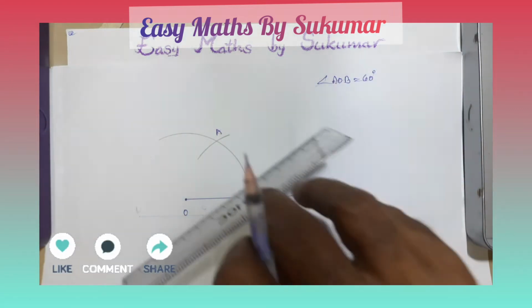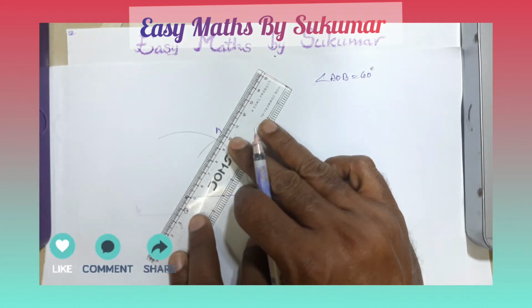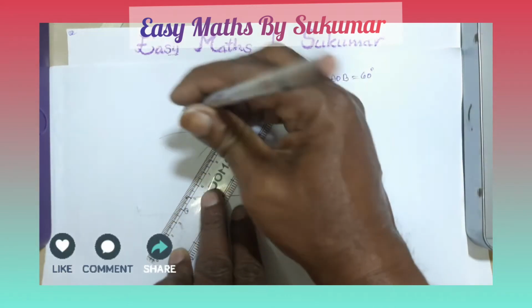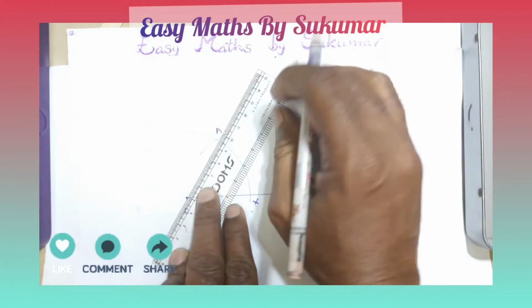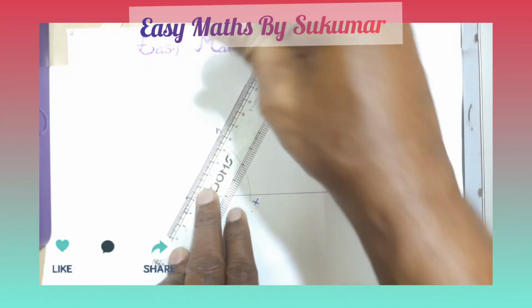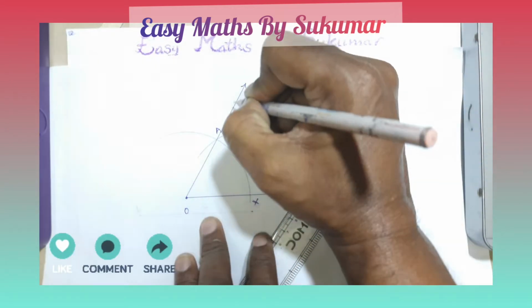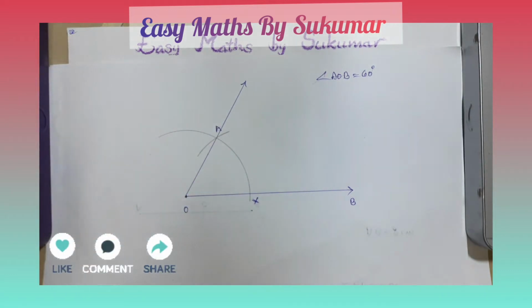Right. Now what we have to do here, just join this OA. O is the vertex. This A is the intersecting point. So this is OA. See, my dear students, this angle AOB is 60 degrees.